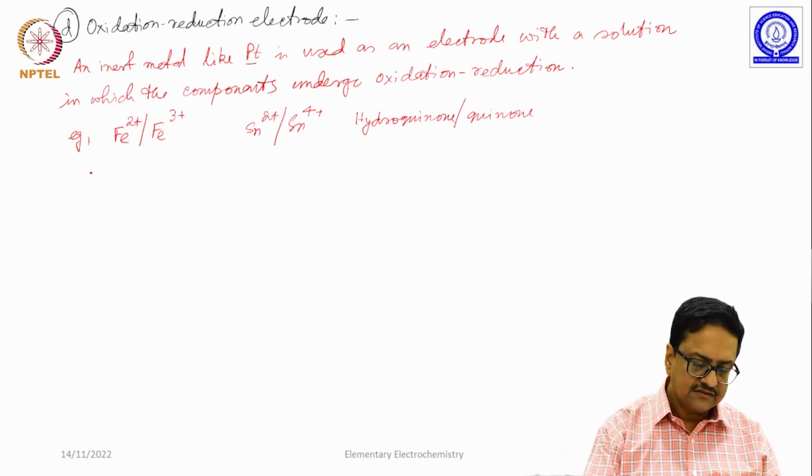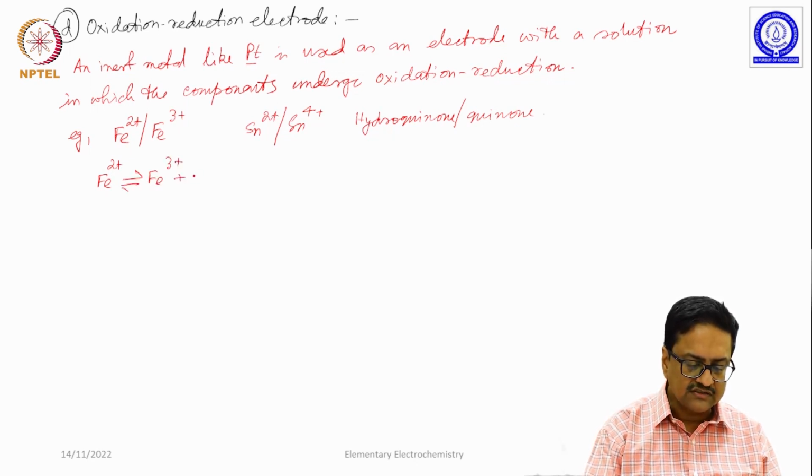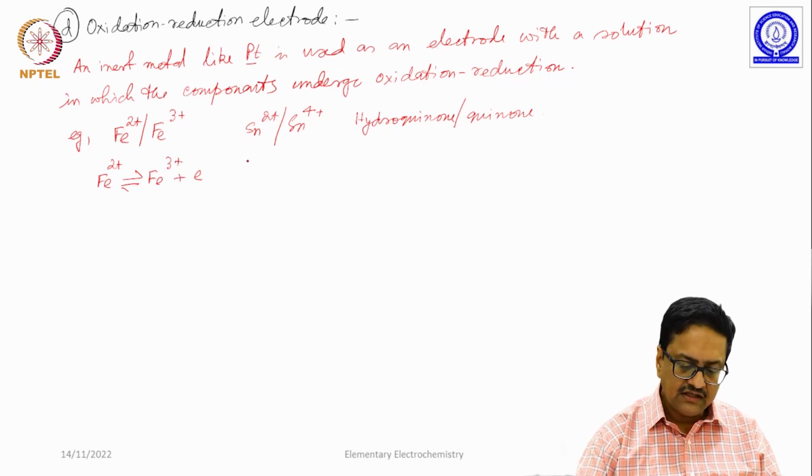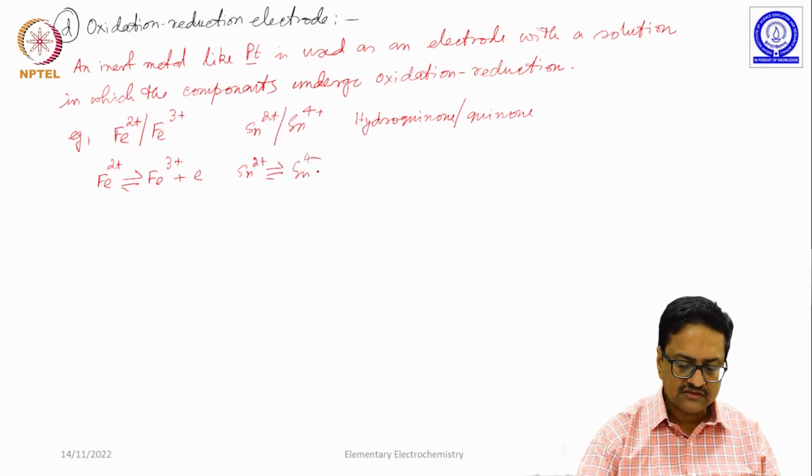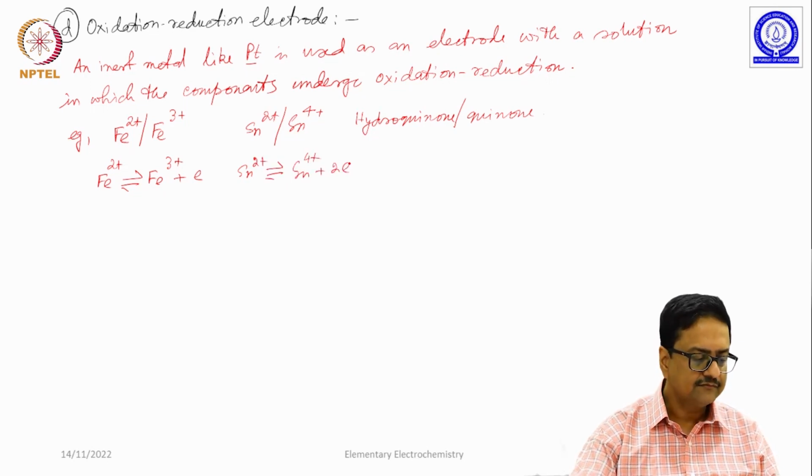So in this case, the iron 2+ is in equilibrium with iron 3+ plus an electron. Similarly, Sn2+ is in equilibrium with Sn4+ plus 2 electrons.